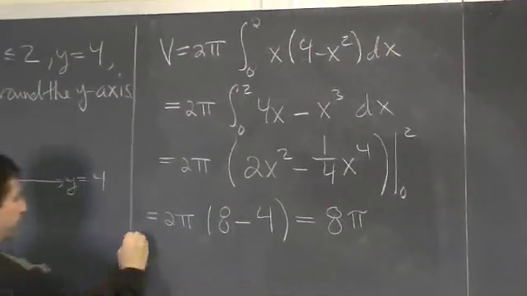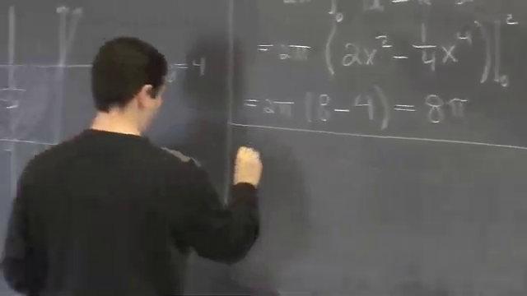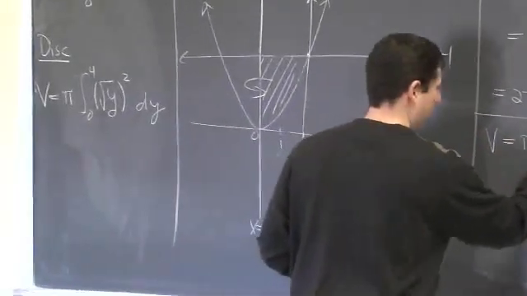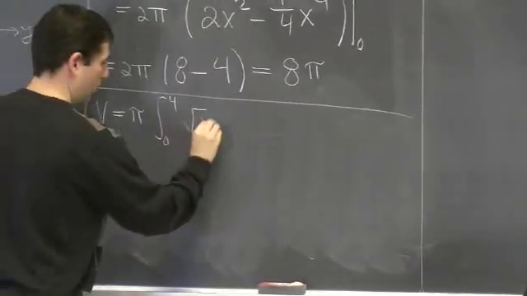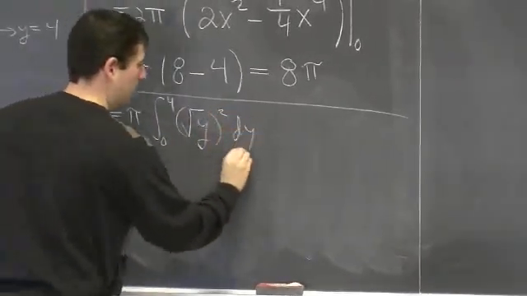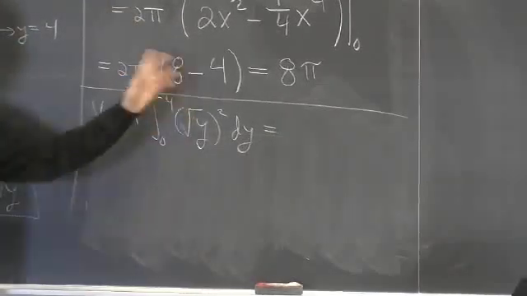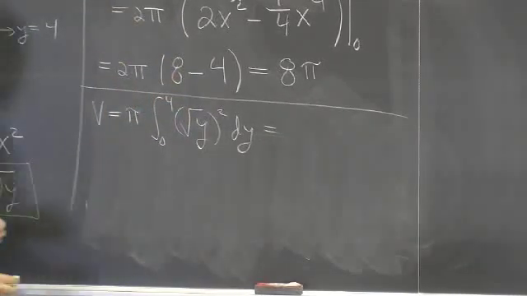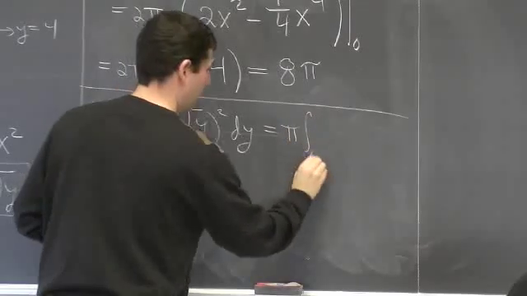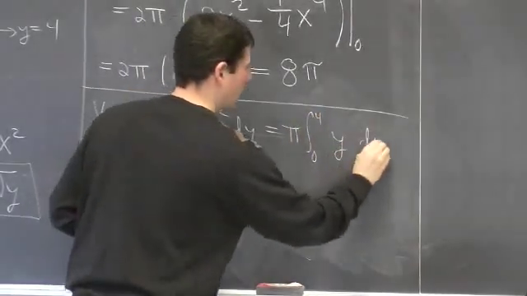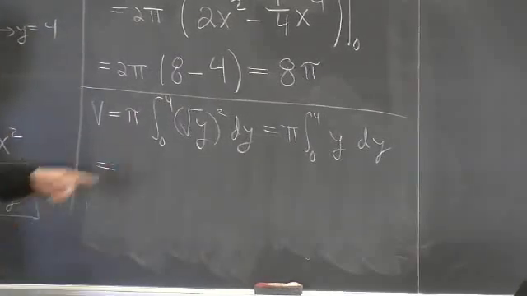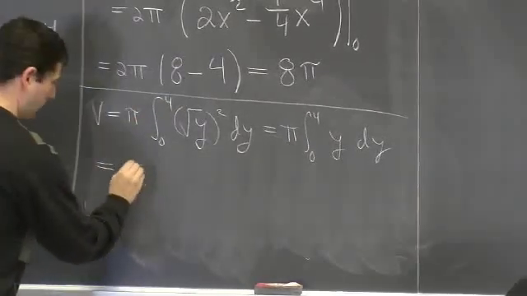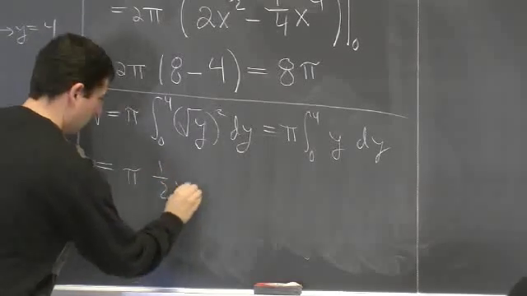Let's try the other one. Here we have V equals pi times the integral from 0 to 4 of the square root of y, squared, dy. Of course, the square root of y squared is quite nice. This is not so bad. The integral of y is just 1/2 y squared.